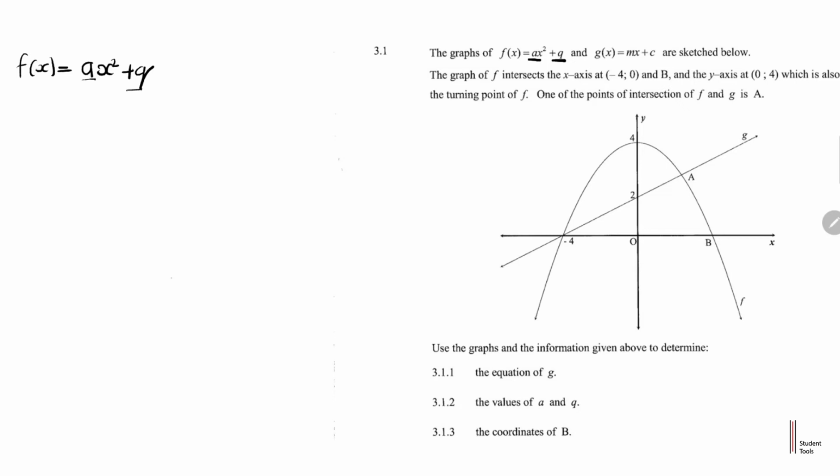So what are we given on this parabola? We are given the x-intercept, which is -4, 0 here. So let us write it down so that we can see what kind of information we can use to get the value of a and q. So we have the x-intercept, which is -4, 0.